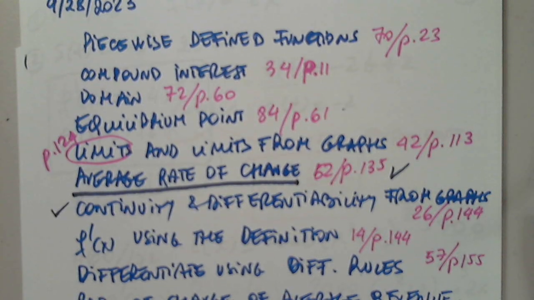Anything happens there? Is this function continuous? No. It has what type of discontinuity? A hole. It's called removable. This is a removable discontinuity.